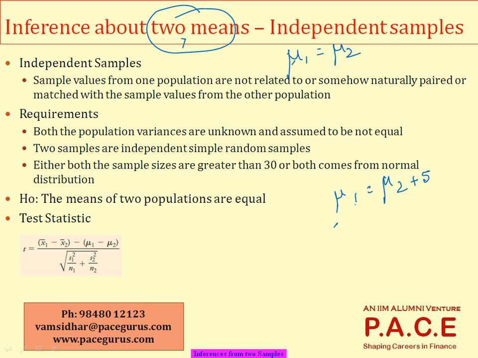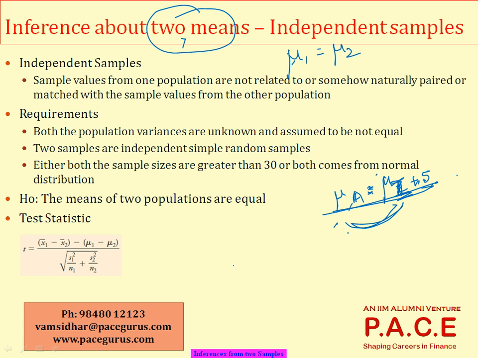We are not talking about an equality relationship. When I try to establish it in mathematical form, the mean height of an American is equal to the mean height of an Indian plus 5. I want to test not the direct equality, but the equality where Indian plus 5 is taken, which means the difference between the means is going to be 5 centimeters.